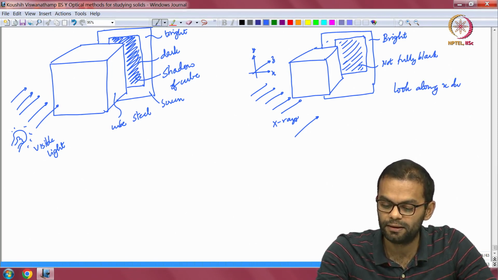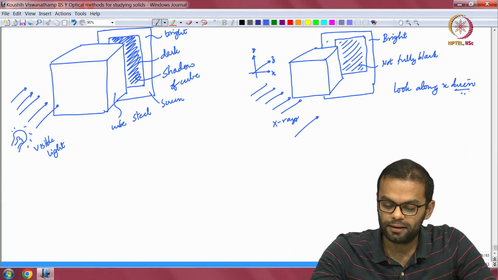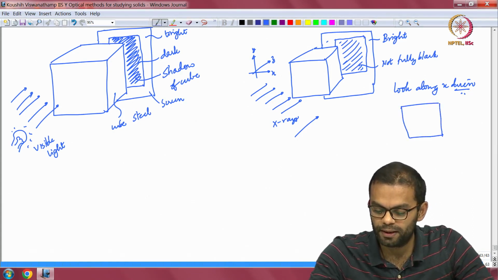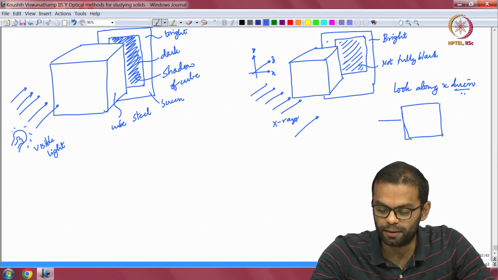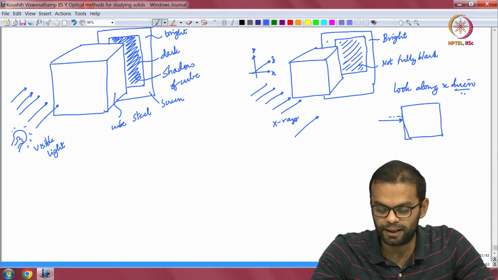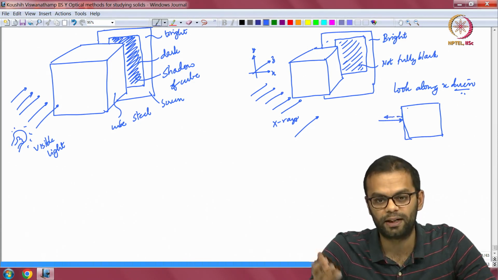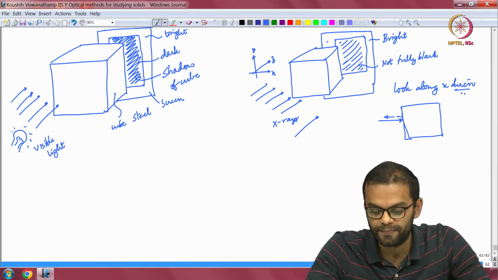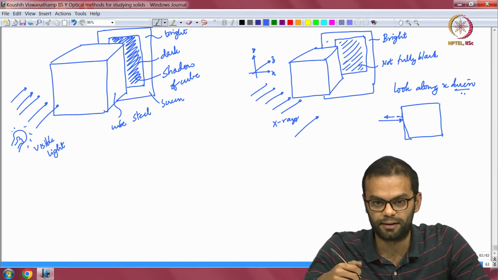If we look along the x axis, and if I just follow some particular ray coming here, this is the incident ray, some part of it gets reflected. Metals are reflective, they are reflective in the IR, they are reflective in the X-ray region also to varying degrees. In the optical they are most reflective, which is why they are shiny.